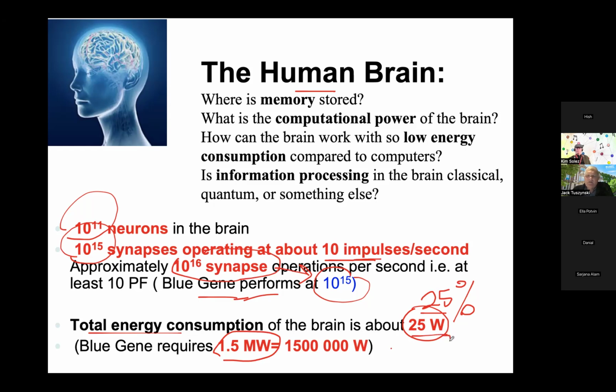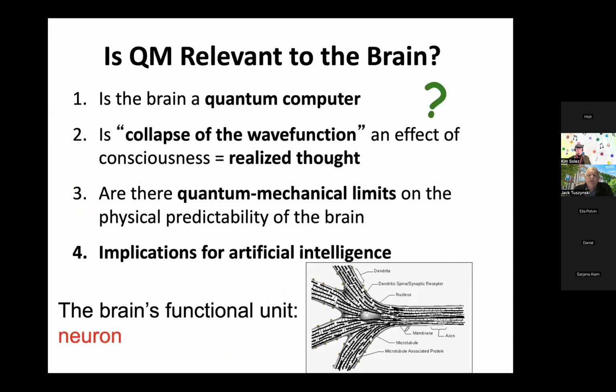And this raises questions. Maybe, as Roger Penrose and Stuart Hameroff would probably agree, even on the issue of energy consumption, a quantum computer is more powerful than a classical one and has lower energy consumption. So maybe at least part of it is working at a quantum level.